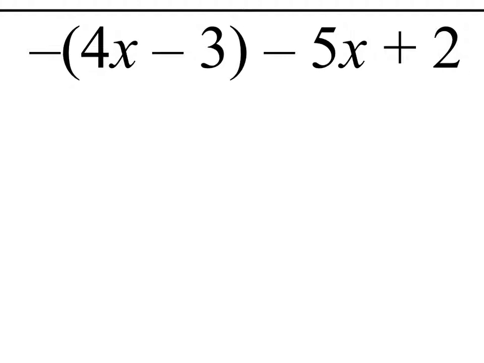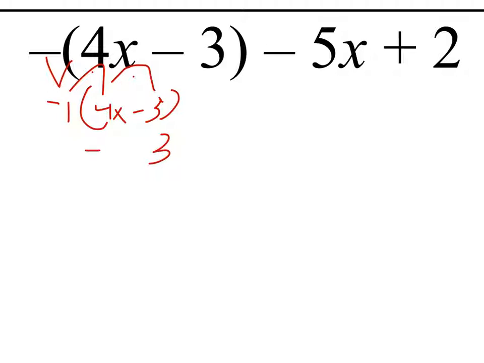So this is negative 1 times 4x minus 3. I really don't like writing that. Anyways, so we're going to do negative 1 times 4, and then negative 1 times negative 3. So this would be 3, and then we would have this as negative 4x plus 3.